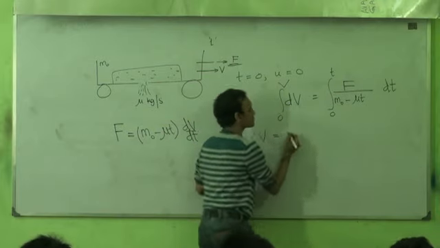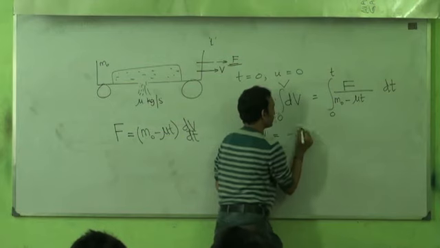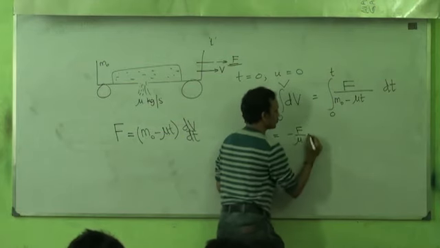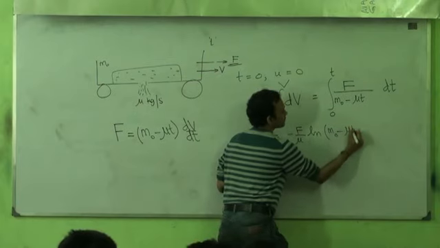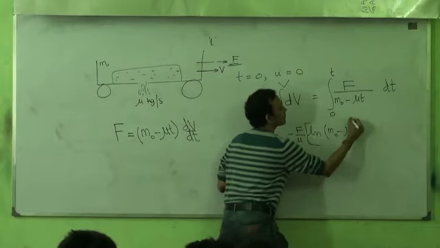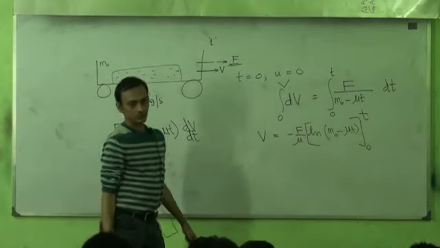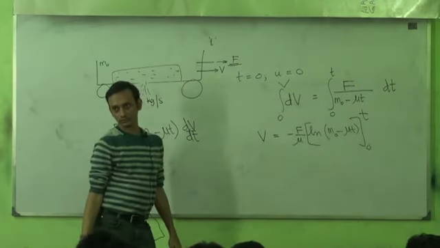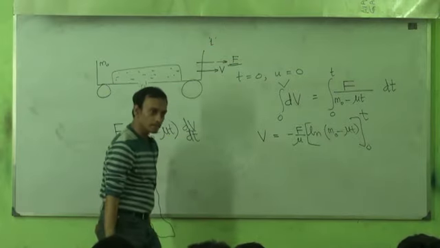The right hand side is going to be minus 1 by μ. Again, you can make the numerator the derivative of the denominator. Minus 1 by μ log (m0 − μt), t runs from 0 to t. Right?